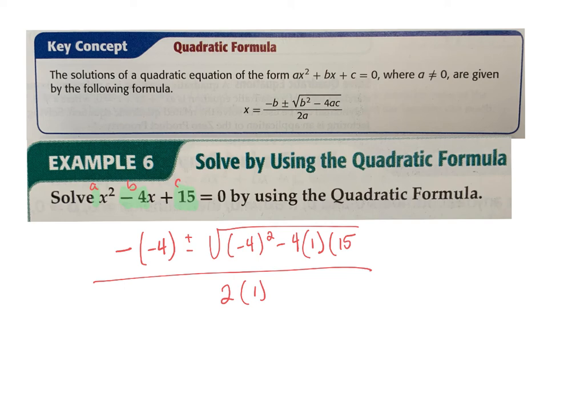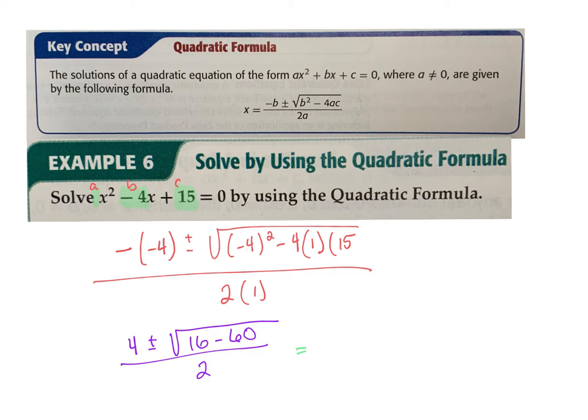I mean, it's basic order of operations. All right, negative negative 4, that's 4. Plus or minus the square root, negative 4 squared is 16. Minus 4 times 15 is what? All right, all over 2 times 1, which is 2.